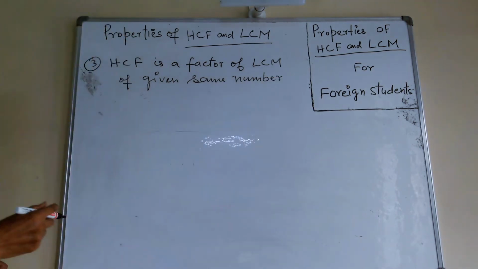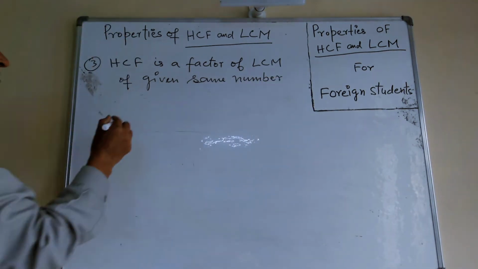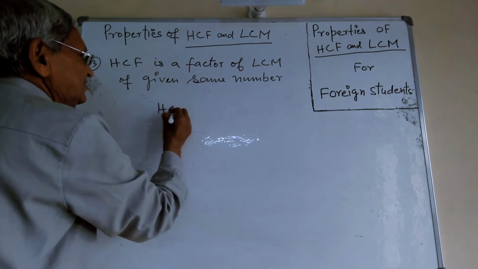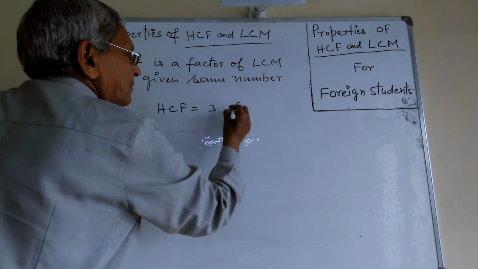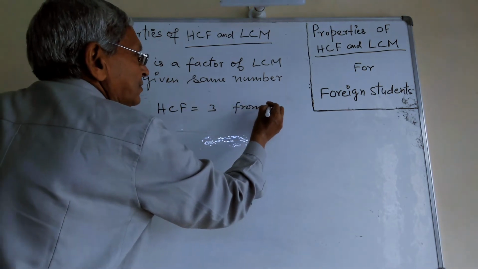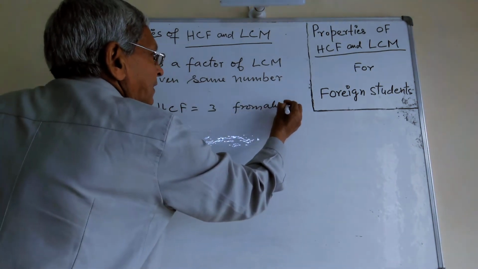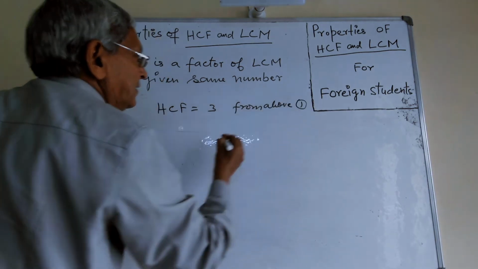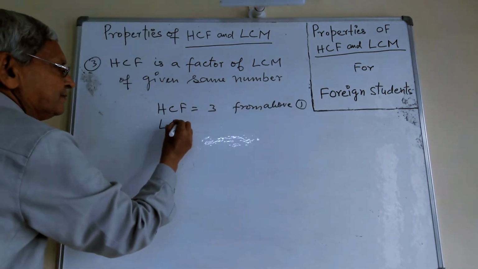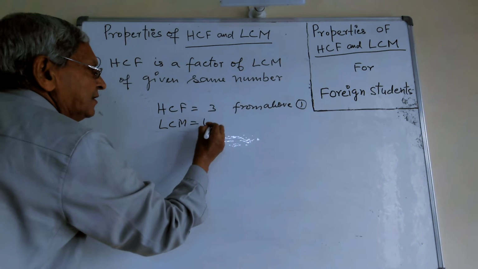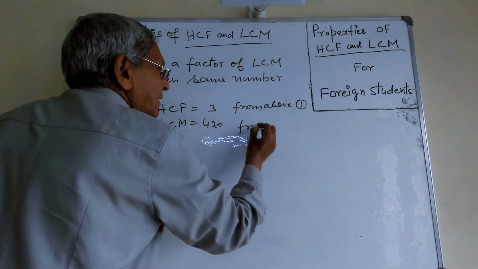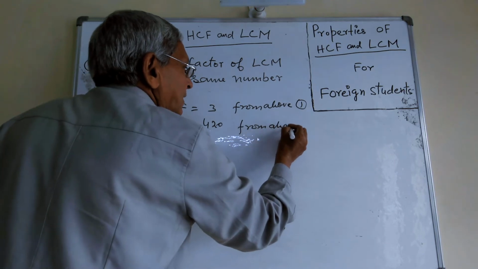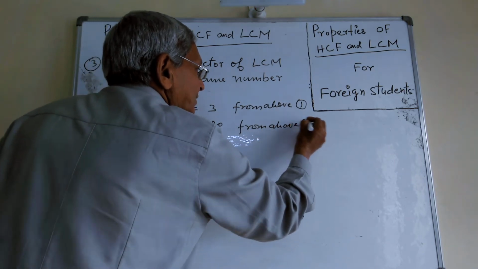Here from the above example you see what was the HCF? HCF was 3 from the first example. And LCM, you have seen, was 420 from the second example.